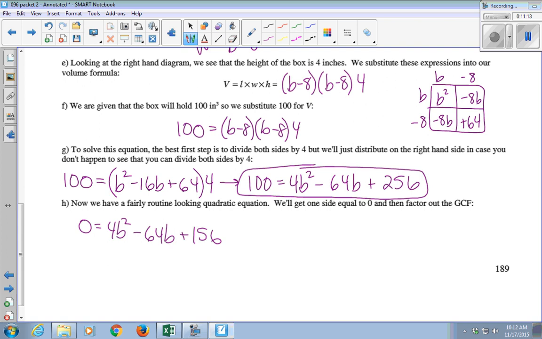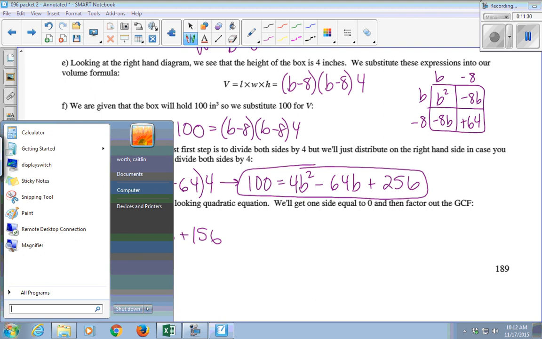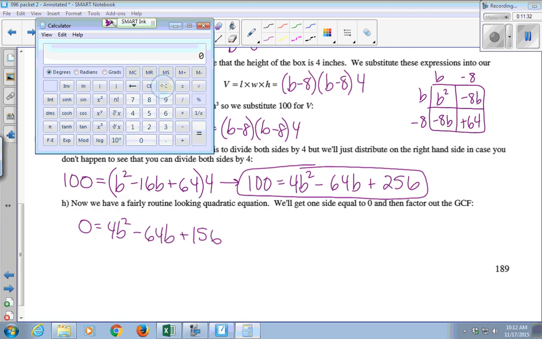Right. Before I start trying to factor or use the quadratic formula, is there a GCF? 4, 64, and 156. Is there any number that goes into all of those? 4. Yeah. And if you're not sure, you can just grab a calculator. 4 definitely goes into 4. You could do 64. Does 4 go into that? Yep, 16 times.